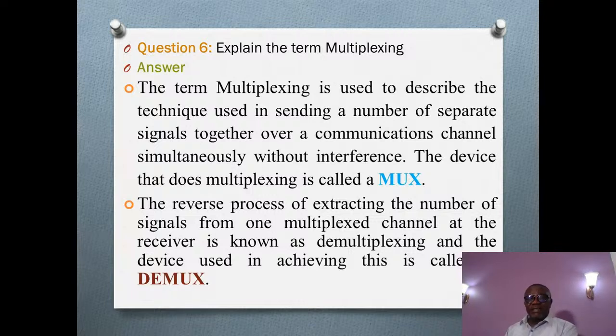The device that does this is called a MUX or a multiplexer. The reverse process of extracting the number of signals from one multiplexed channel at the receiver is known as demultiplexing, and the device used to do this is called the demultiplexer, in short, the DEMUX.